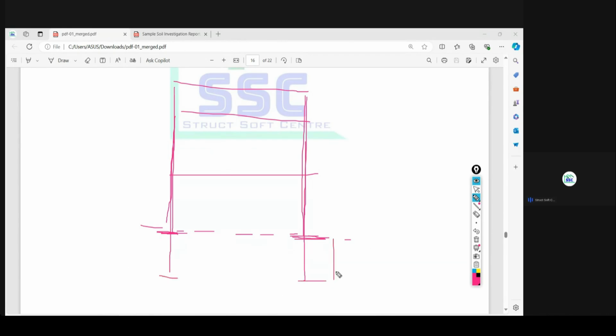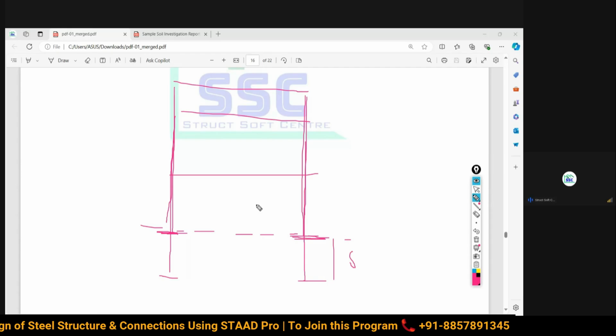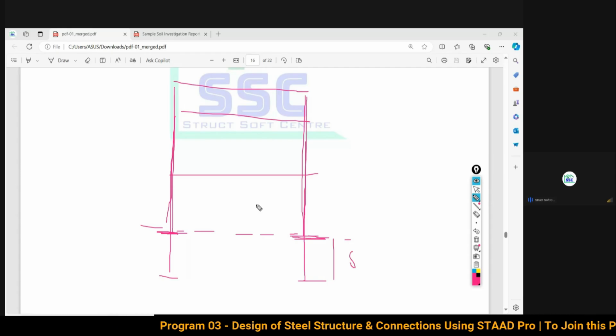That is a uniform settlement and it is acceptable, because the entire structure settles, so it does not lead to complete collapse, complete failure or great damage to the structure.